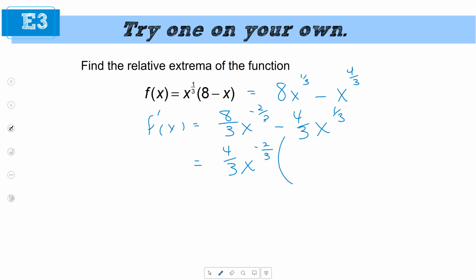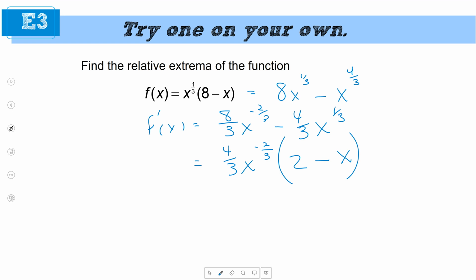If I take a 4/3 x to the negative 2/3 out of the first term, I leave a 2 behind. If I take a 4/3 x to the negative 2/3 out of the second term, I leave an x behind. Well, that's just lovely. That worked out really nice.